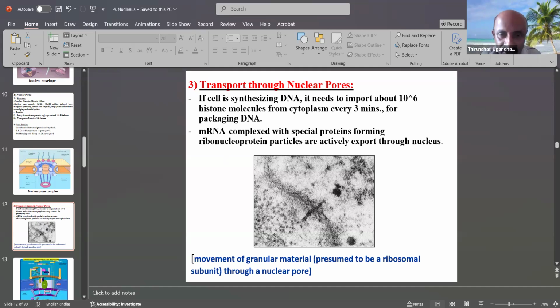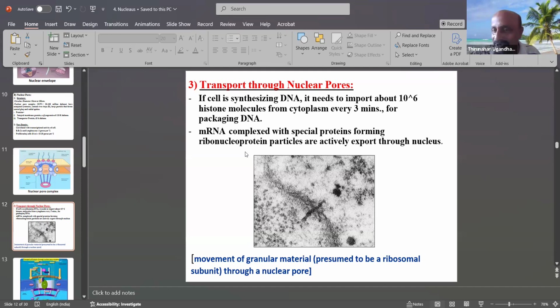mRNA complexed with special proteins forms ribonucleoprotein particles, which are actively exported through the nucleus. Ribonucleoproteins are important for export and also import; both occur. Export means material inside the nucleoplasm is transferred through the nuclear pore to the cytoplasm. Import is from the cytoplasm through the nuclear pore into the nucleoplasm.